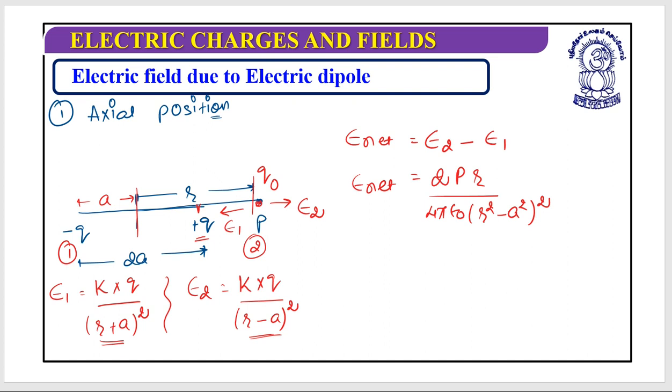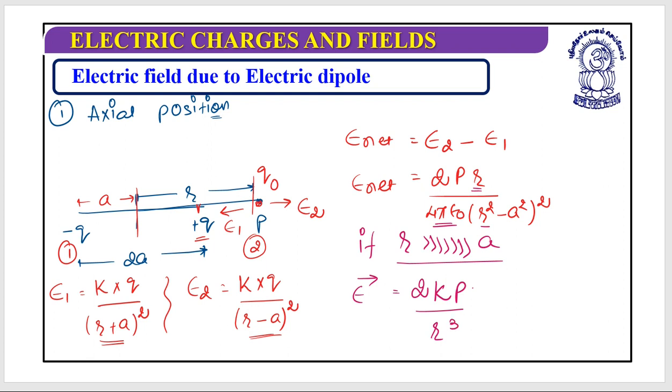Now, one very interesting case is if R is much greater than A. Then I can write E net equals 2, here 1 upon 4 pi epsilon naught is K, it is P, here R square square, so this is R cube.